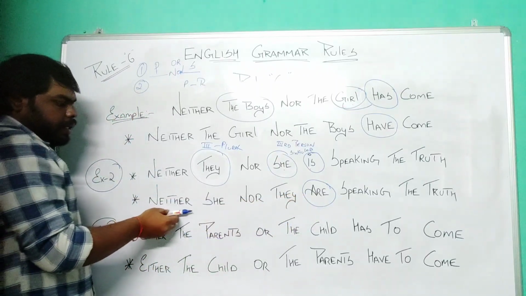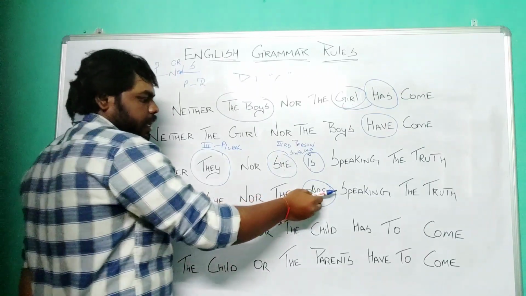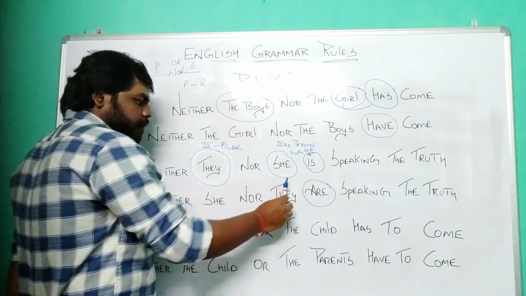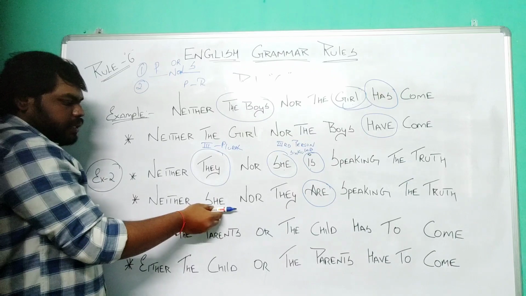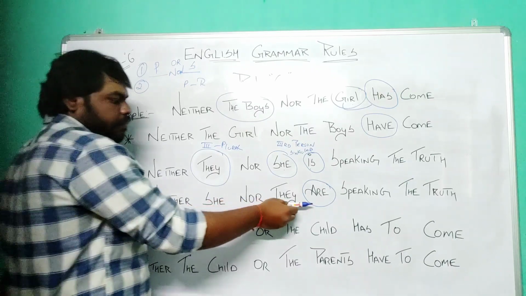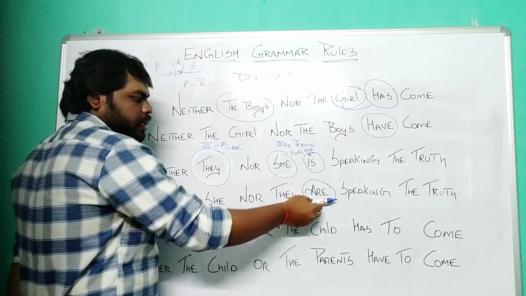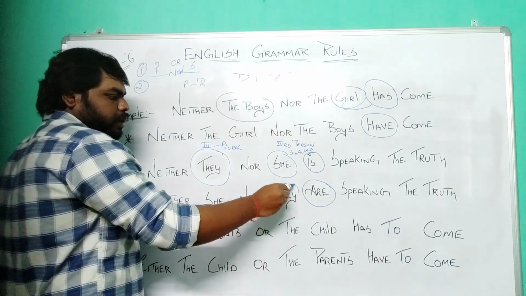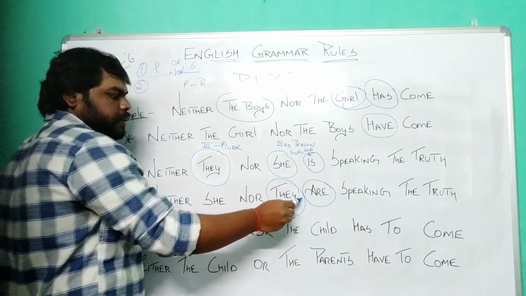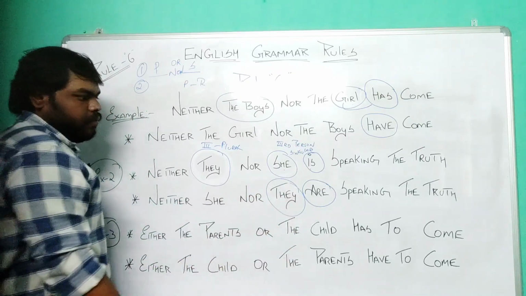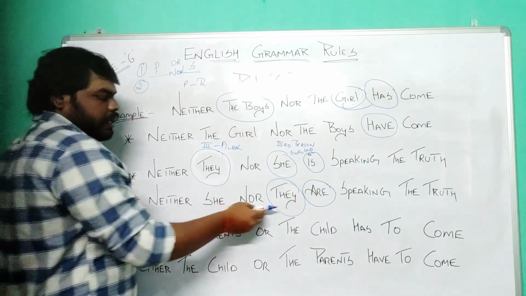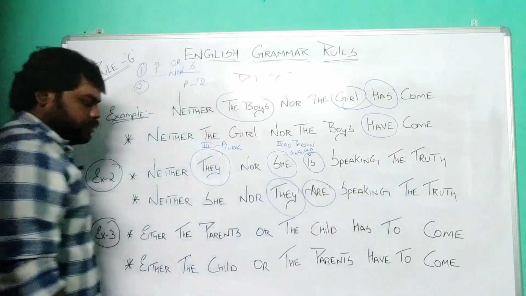For example, neither she nor they are speaking the truth. And at the same time, we should place the singular subject first and the plural subject nearer to the plural verb. Right? They is a plural subject and it has been placed near a plural verb. So the right form of the sentence will be neither she nor they are speaking the truth.